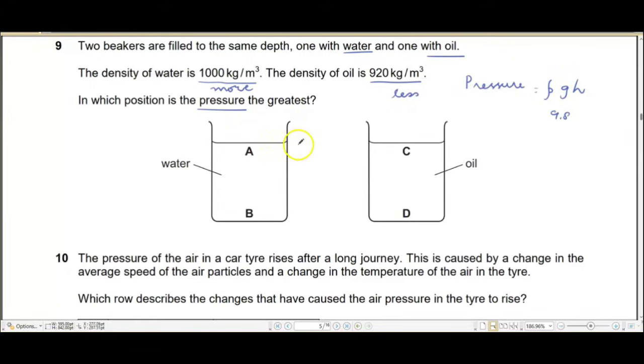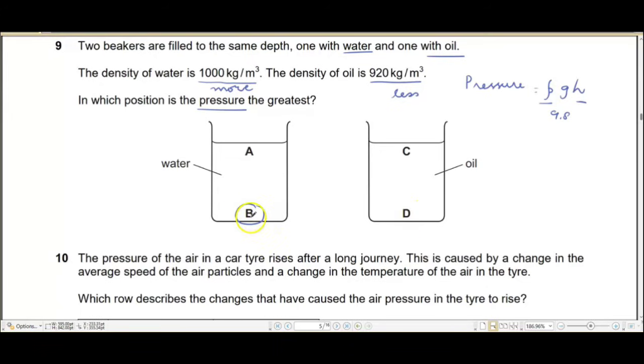So if we look at our options, the points are nearly at the same heights, so height can be ignored over here. We have to look at the densities. The density of water is more than the density of the oil. So a point over here in water, which has more density, is going to experience more pressure than this point over here, which is in a liquid which has a lower density.